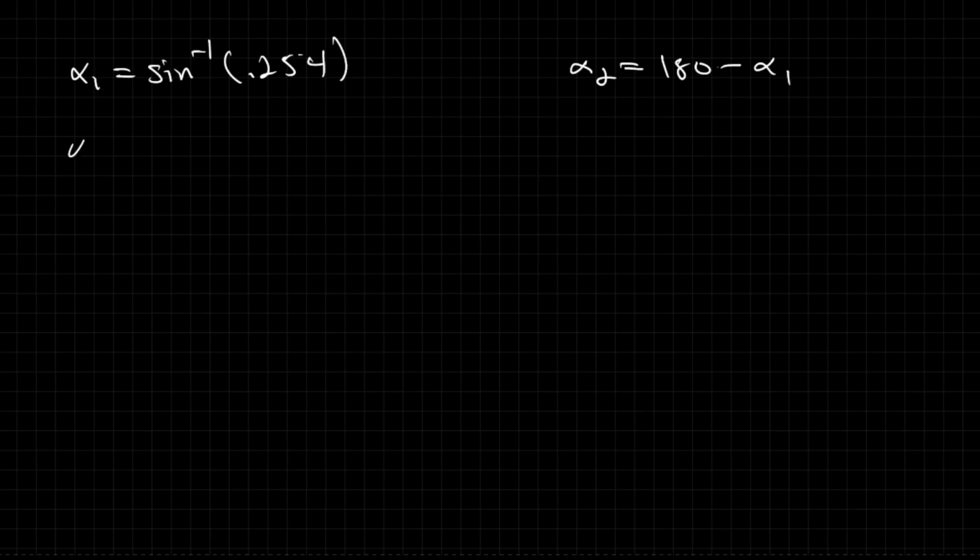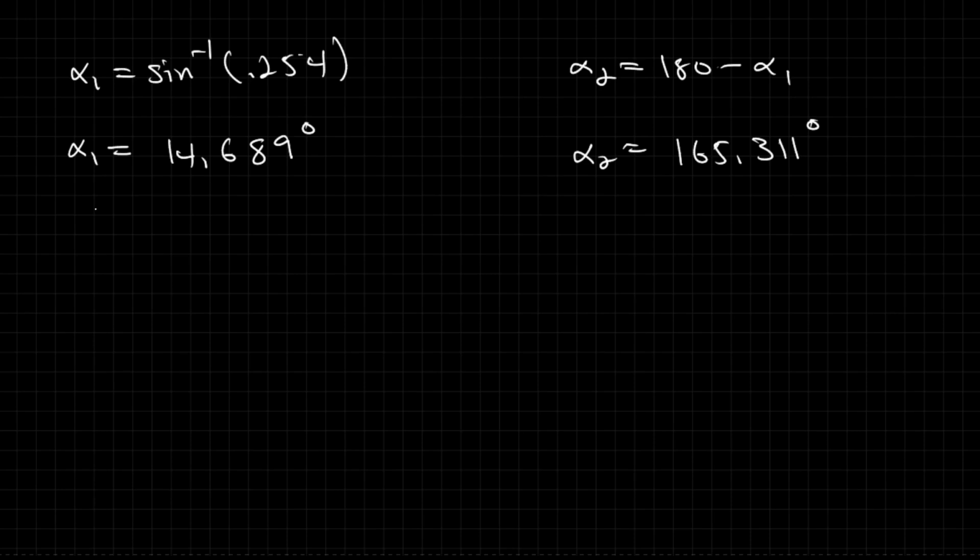Our first solution, alpha 1, ends up being 14.689 degrees. And our second solution, alpha 2, is 165.311 degrees. So we know the alpha for our first triangle and we know the alpha for our second triangle.